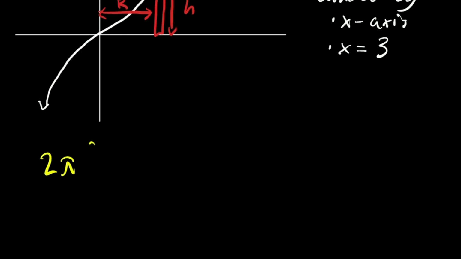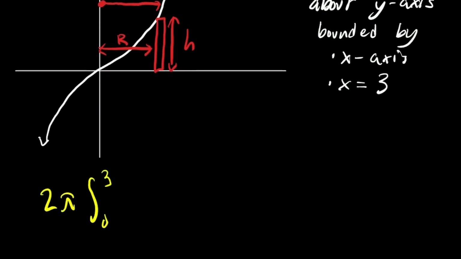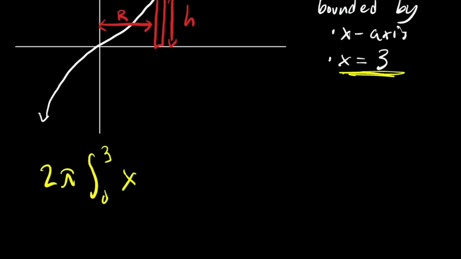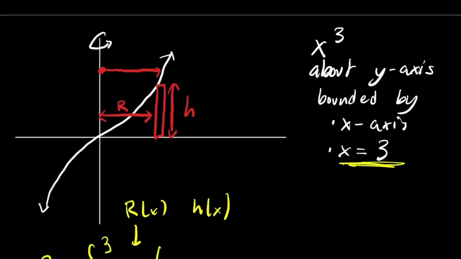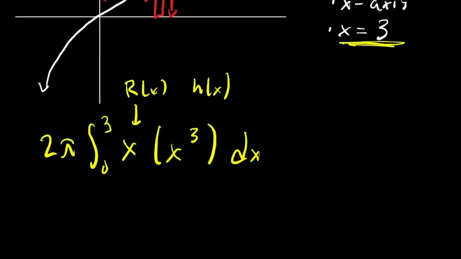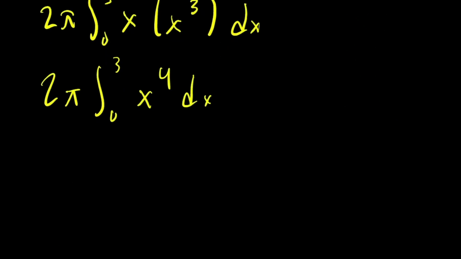We have 2 pi times the integral from 0 to 3, because that's what we're bounded by, of x, which is our r of x, times h of x, which will be this distance here, which is our function, x cubed, dx. So 2 pi times the integral from 0 to 3 of x to the 4th dx.